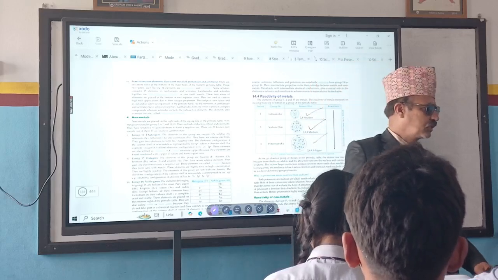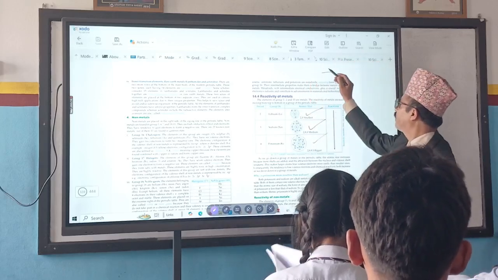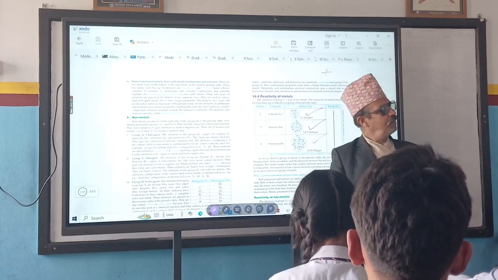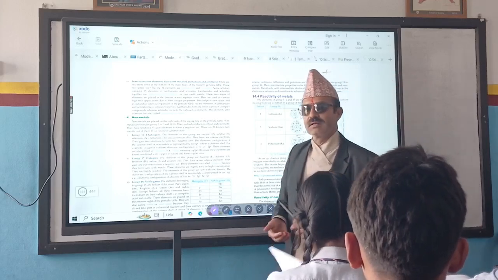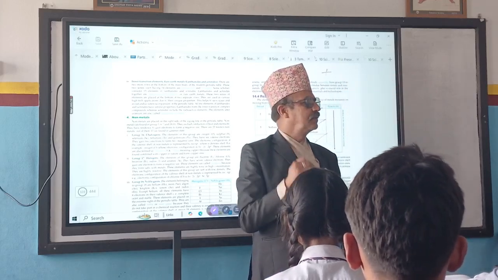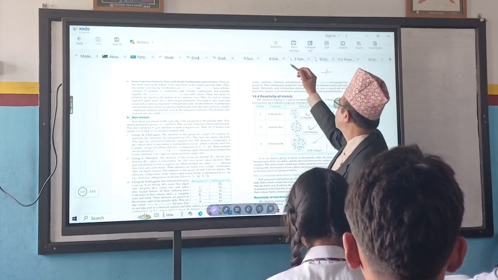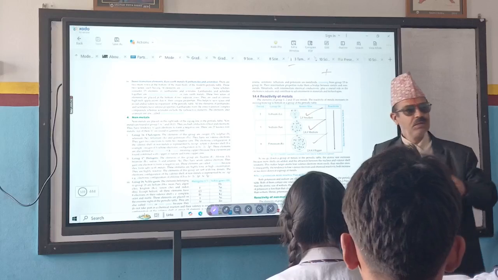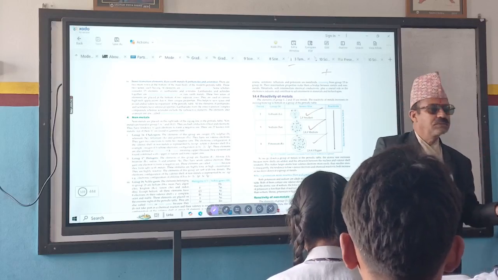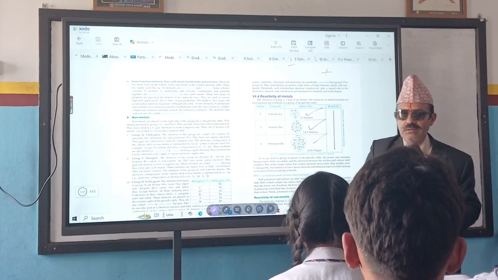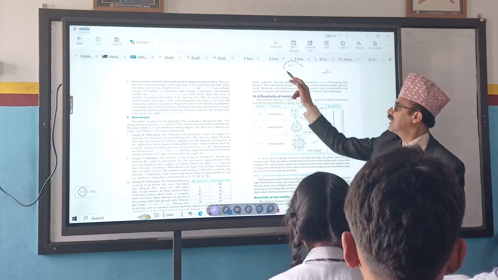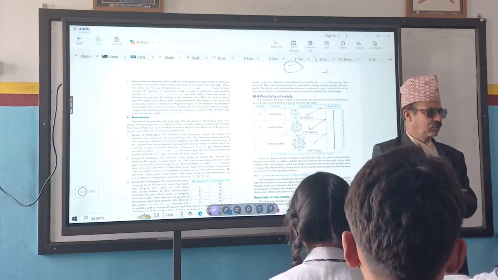Metals always lose electrons and they possess positive charge. But non-metals gain electrons and possess negative charge. A metal becomes positively charged by losing electrons, and non-metals become negatively charged by gaining electrons.